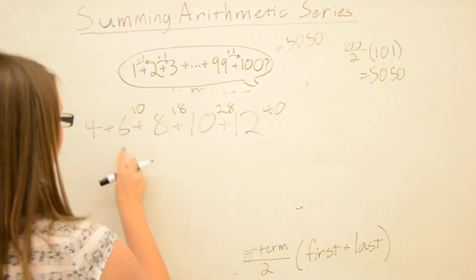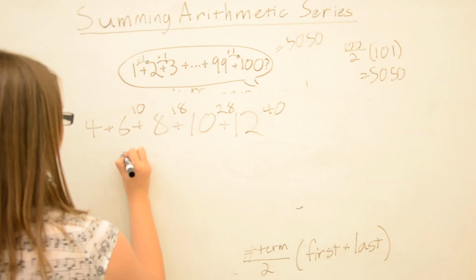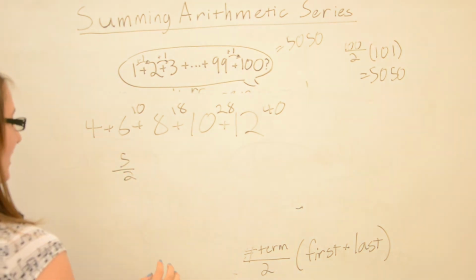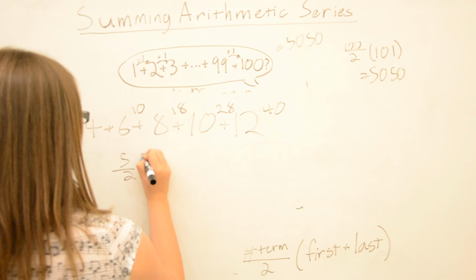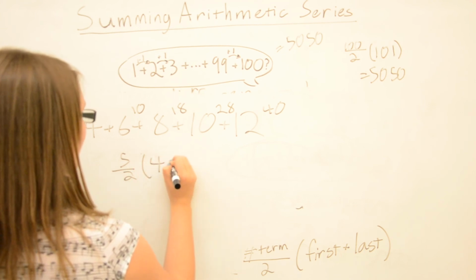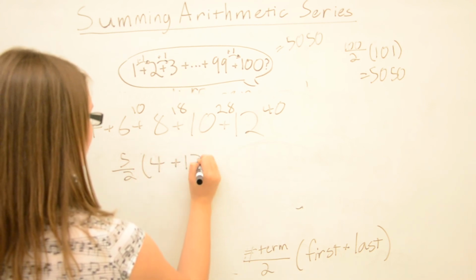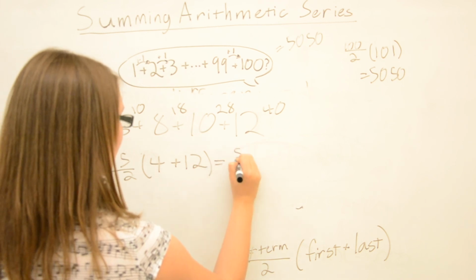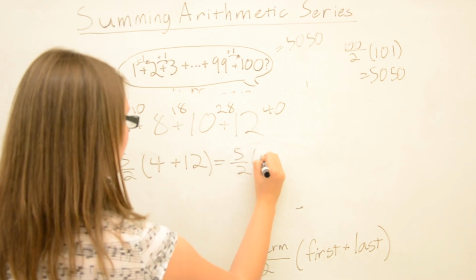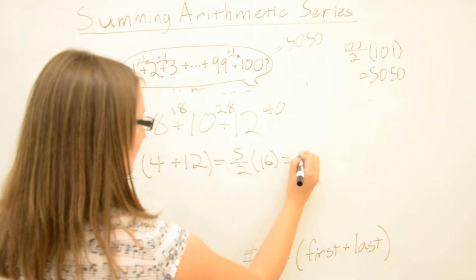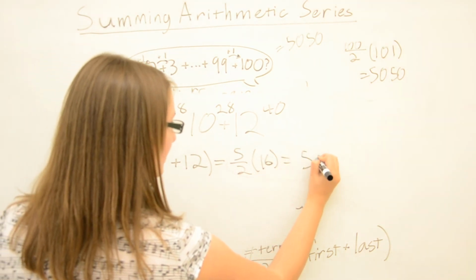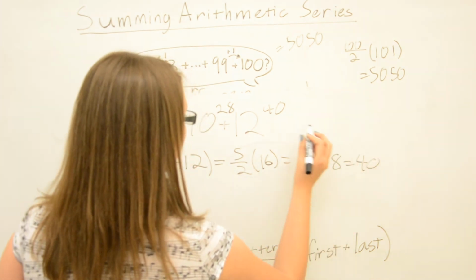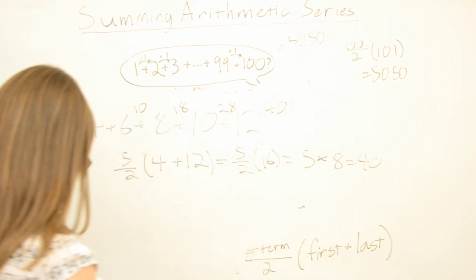So how many terms are there? 1, 2, 3, 4, 5. So 5 terms divided by 2, and you can see this is an odd one, so we're also checking that that worked. First term was 4, and the last term was 12. So now we have 5 over 2 times 16, which will be 5 times 8, or 40, which is what we were supposed to get.